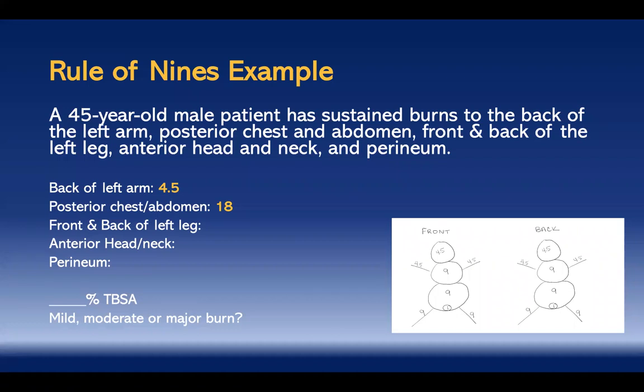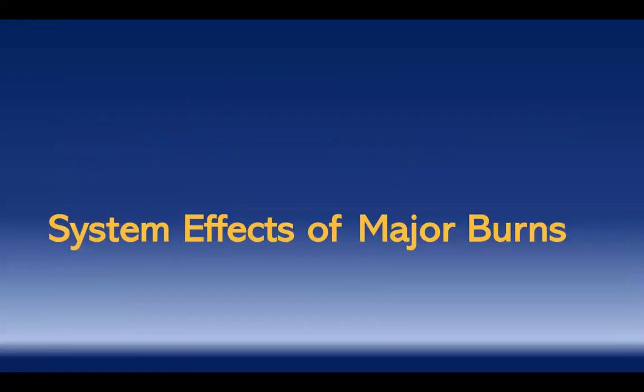The front and back of the left leg is 9% for the front of the left leg, 9% for the back, or 18. Anterior head and neck is 4.5, and then the perineum is 1%. So this makes it a patient with 46% total body surface area burned, which would qualify obviously as a major burn to the body. Almost half of their body is burned.